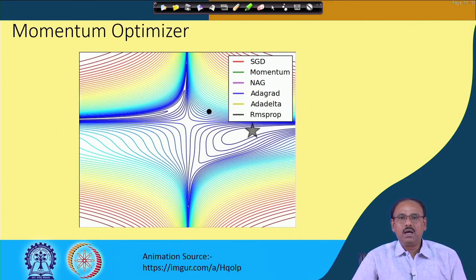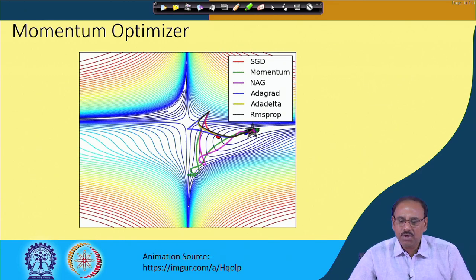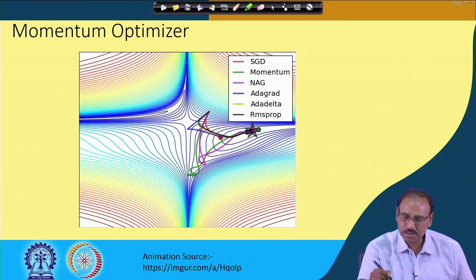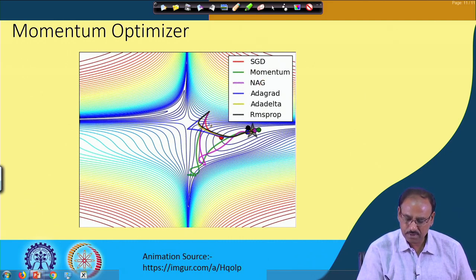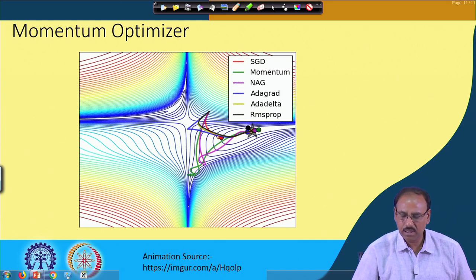So now we can compare with this animation. You can see that I can compare the relative performance of different optimization algorithms. So as you see over here, the red curve is actually the pure SGD algorithm or stochastic gradient algorithm.